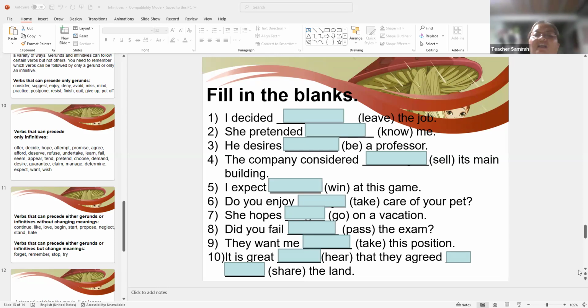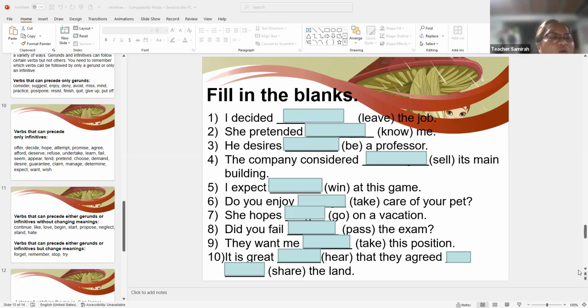Very good. Check your answer if your answer is to leave. To leave the job. Yay. And then, she pretended blank know me. What will be our answer here? Are we going to use an infinitive or a gerund?